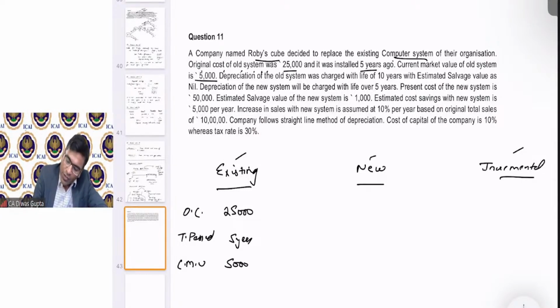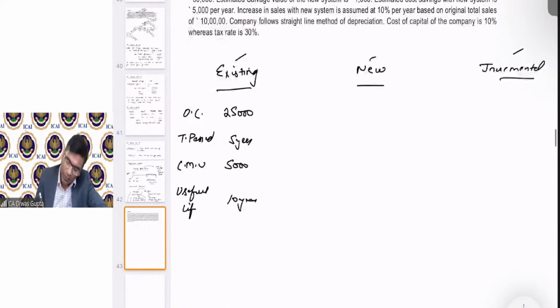Depreciation of the old system was charged with a life of 10 years. So the useful life was 10 years. Time passed is 5 years. And with the estimated salvage value as nil. So while calculating depreciation, can we calculate depreciation? Depreciation would have been 25,000 minus nil divided by 10, which is 2,500.